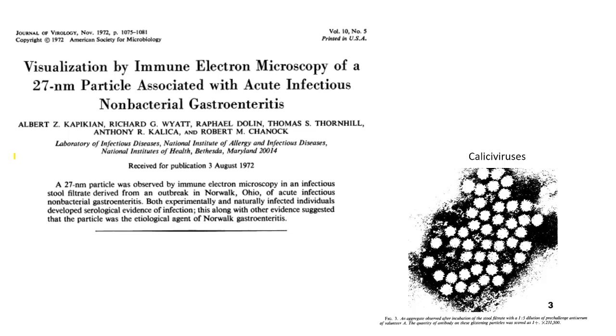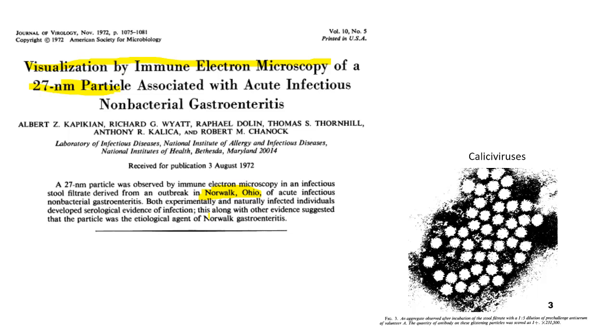And here is one of the first articles to describe that viruses cause this disease, where they visualized using electron microscopy those nanometer particles associated with gastroenteritis, because they had an outbreak of gastroenteritis in Norwalk, Ohio.